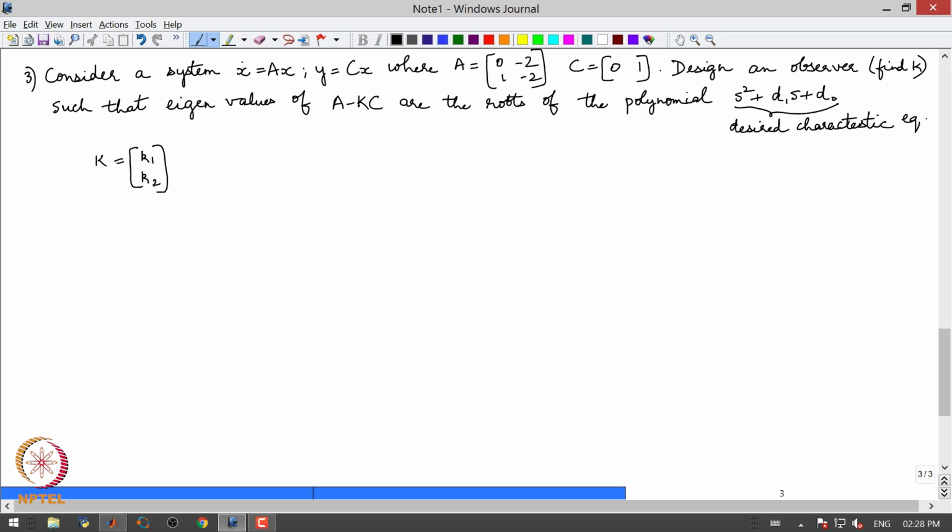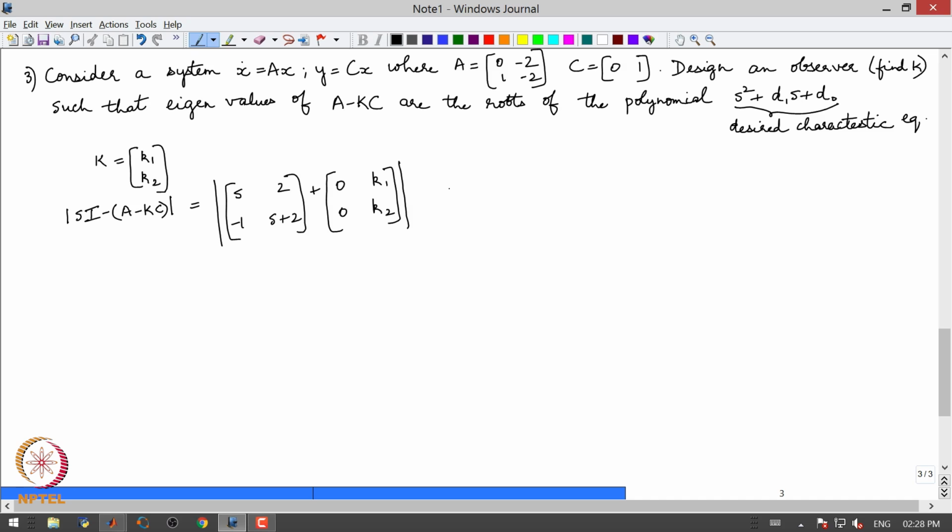Now, what we will do is find the characteristic equation, which I can write as follows.